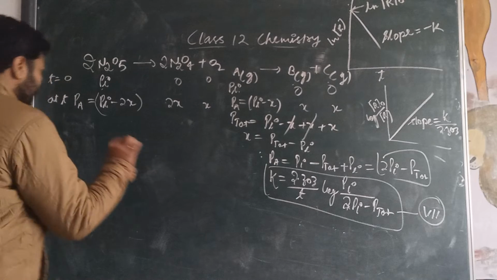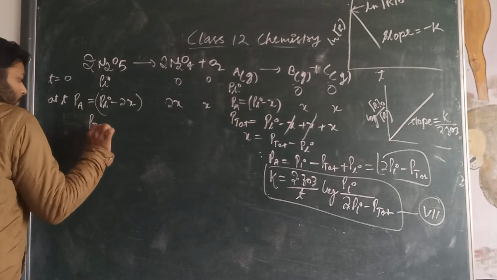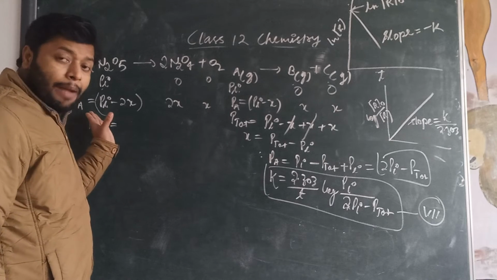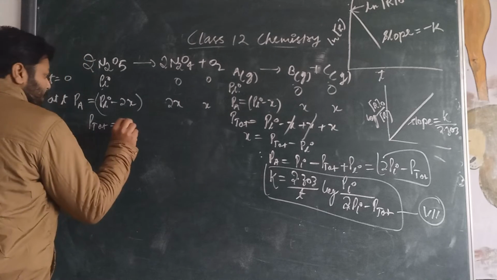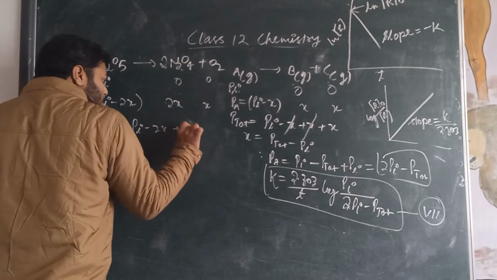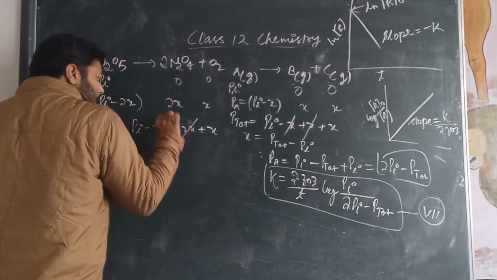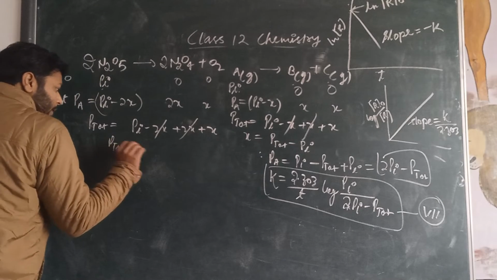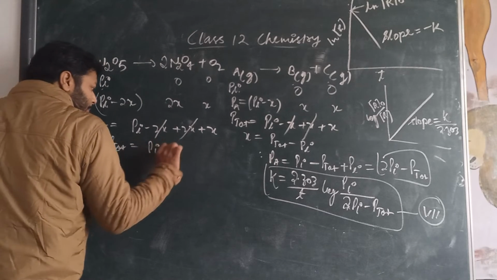So total pressure at time t is the sum of all these pressures, so it will become Pi minus 2x plus 2x plus x. On cancellation, it will become P total equal to Pi plus x.